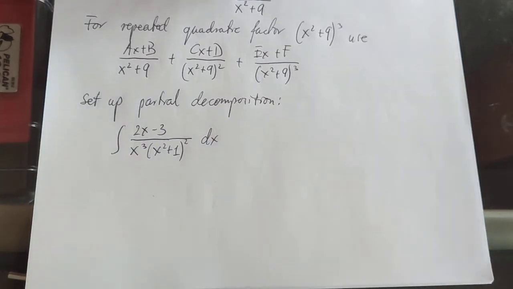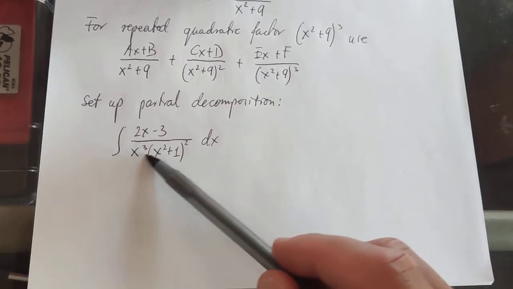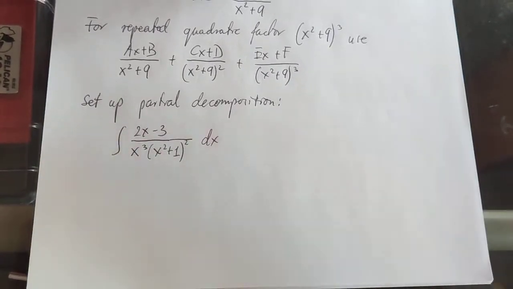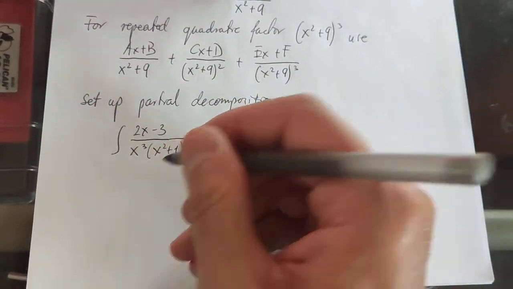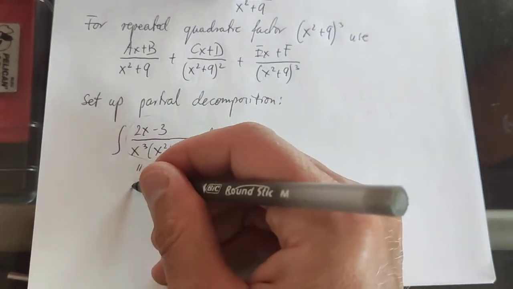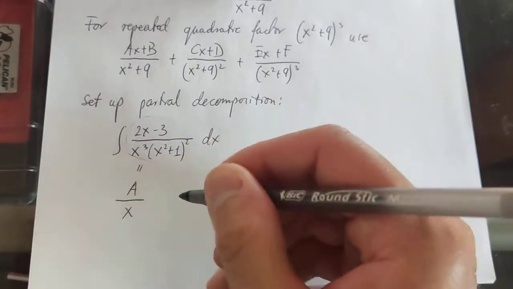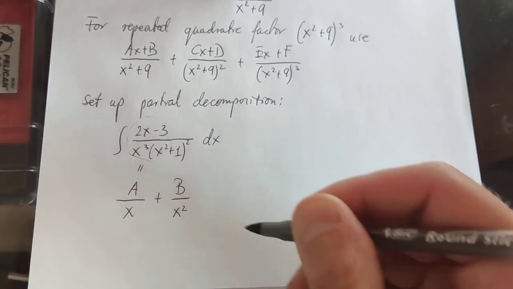Alright, so let's see. First I need to deal with this one. This is just a regular linear factor, so this expression will be equal to A over x plus B over x squared.